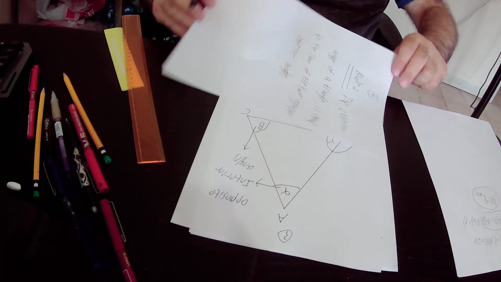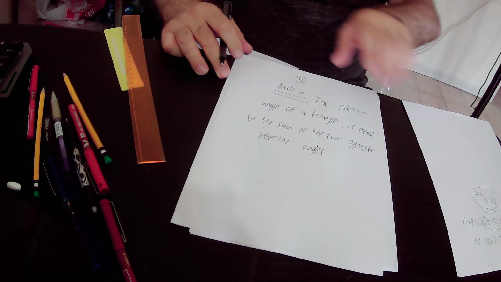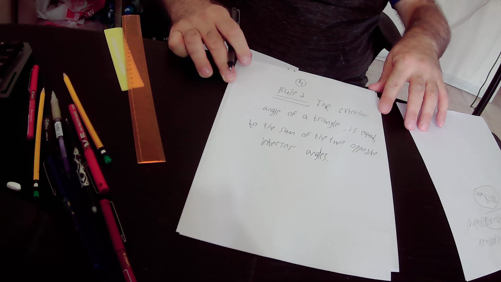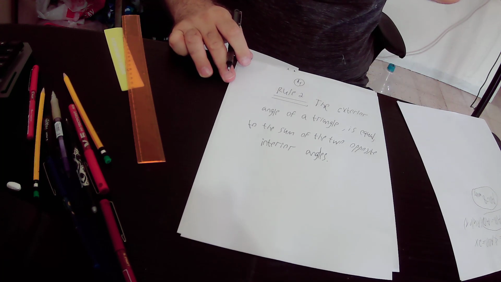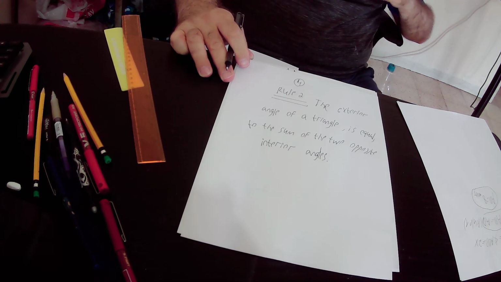So I will read rule number 2 again. Rule number 2 states that the exterior angle of a triangle is equal to the sum of the two opposite interior angles. Okay?